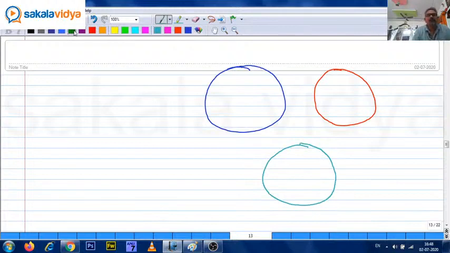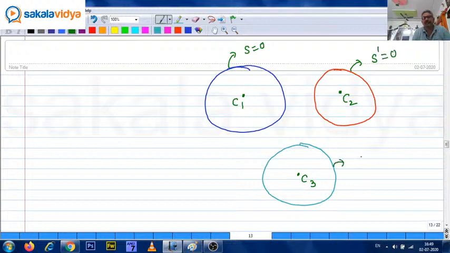For example, the center of this circle is C1, the center of this circle is C2, the center of this circle is C3. Say the equation of this one is s is equal to 0, the equation of this circle is s dash is equal to 0, the equation of this circle is s double dash is equal to 0. The three equations of the circles are given.